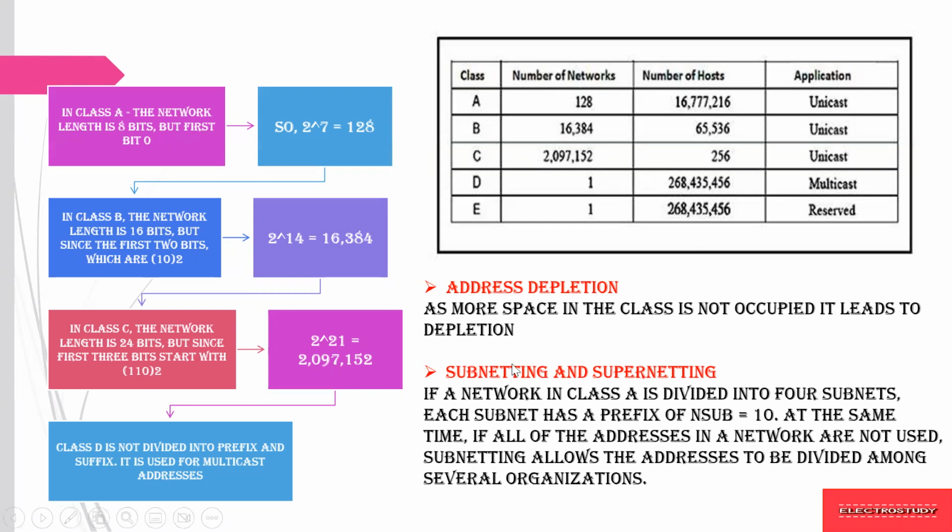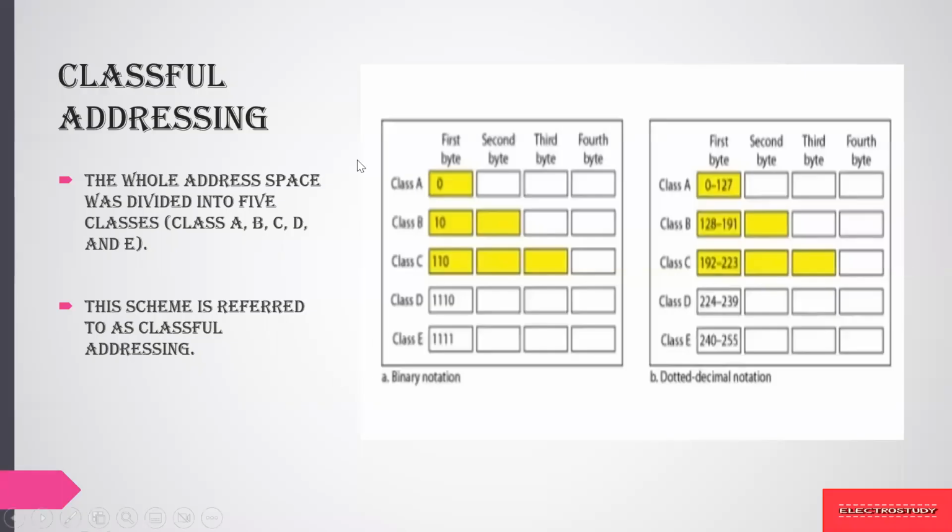In subnetting, a class A or class B network is divided into several subnets, with different bits stored in different nets. Each subnet will have a larger prefix length than the original network. For example, consider a network in class A divided into 4 subnets.